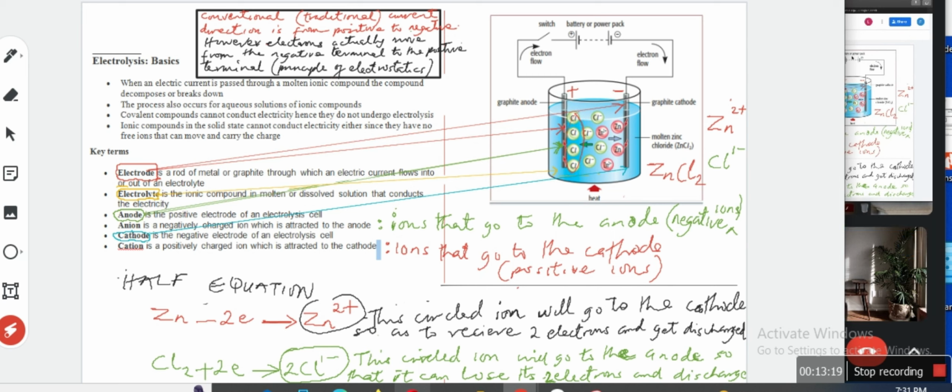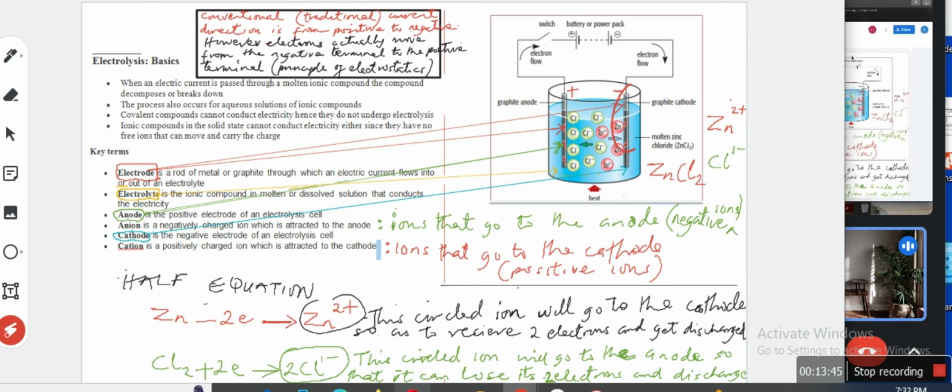Negative, isn't it? For instance, it will be the chlorine that will go to the anode, because it's negatively charged, while the zinc will go to the cathode. So the chlorine is the anion because it's going to the anode, while the zinc is the cation because it's going to the cathode.